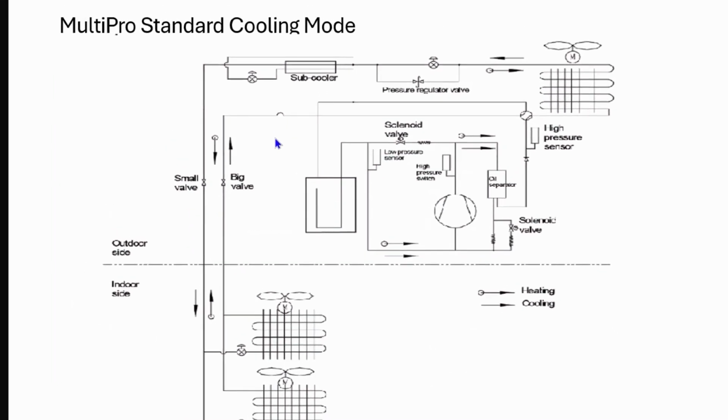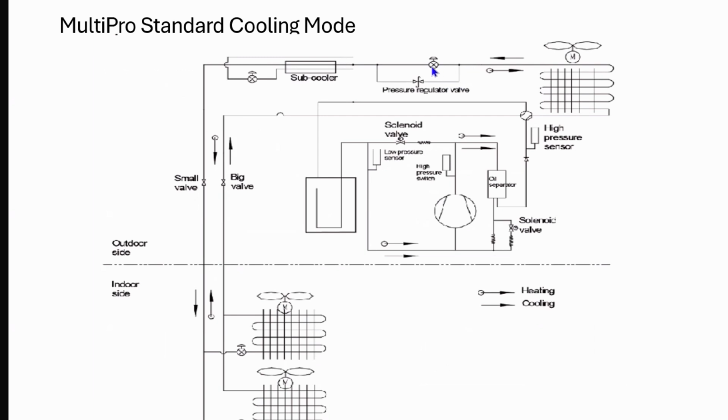And I brought this one up specifically for a reason. Because if you look out here, this is your outdoor coil. This unit is running in cooling mode, and I actually took this call on a MultiPRO Ultra B revision. This is a standard, but the concept's the same.